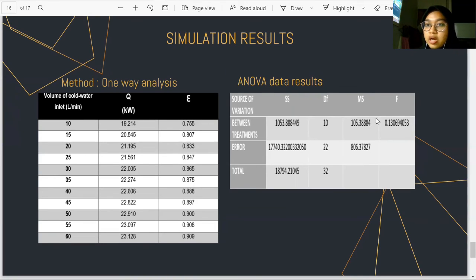Here, the F that we obtain is 0.13, and the F critical that we obtain from the alpha equal to 0.05 table is 3.21. So our F is smaller than our F critical of 3.21. Therefore, we fail to reject the null hypothesis, which shows mu1 equal to mu2 equal to mu3 until mu11.